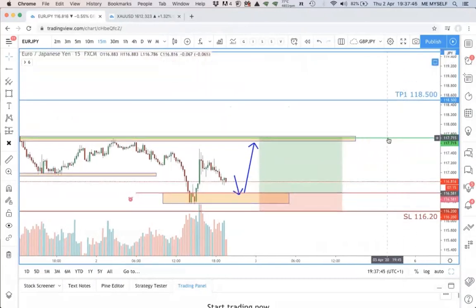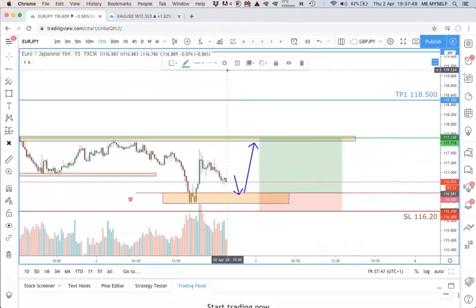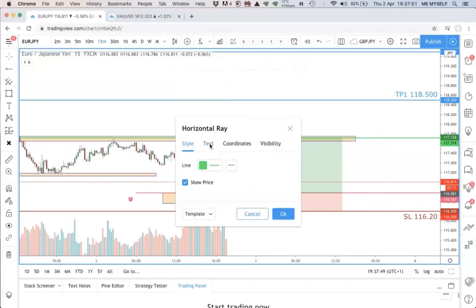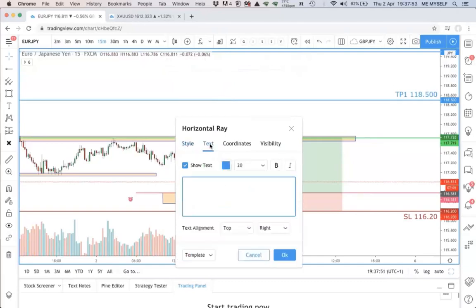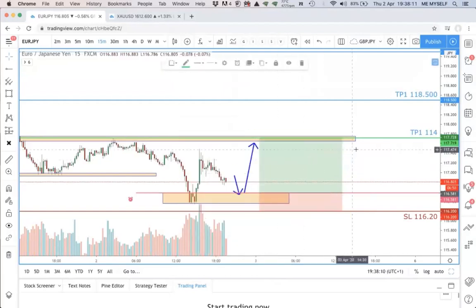All right, so TP1, 117. Let me check my calculation. 114. 114 should be fine.